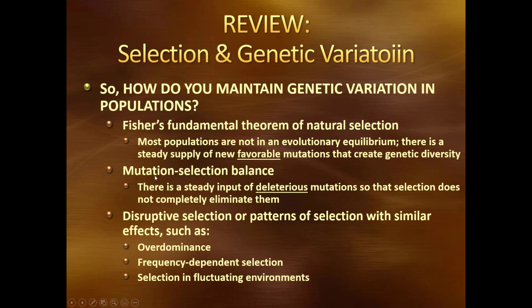introducing them. Now, one of the other ways that we might keep variation there is this thing called mutation selection balance. Remember, we looked at that before, I think we were talking about the cystic fibrosis gene, and we said, why is it that some of these genes like CF and some of the other ones have such a high frequency in the population?